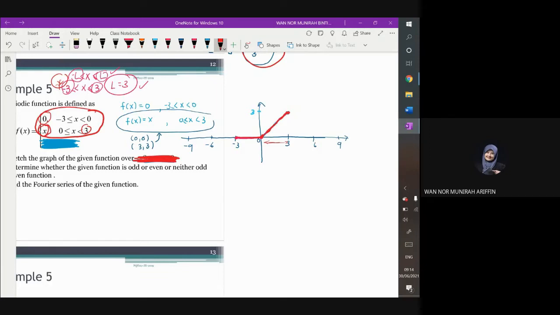So this is your initial function, or the single function, but the question asks you to extend the function over the interval -9 to 9. From -3 to 3, the interval is 6 units. So 6 units is your period.